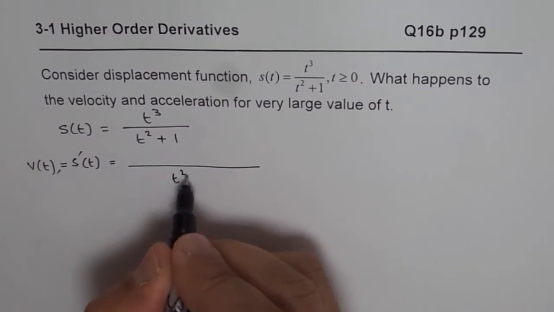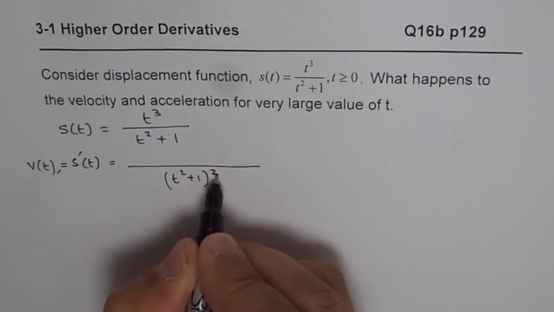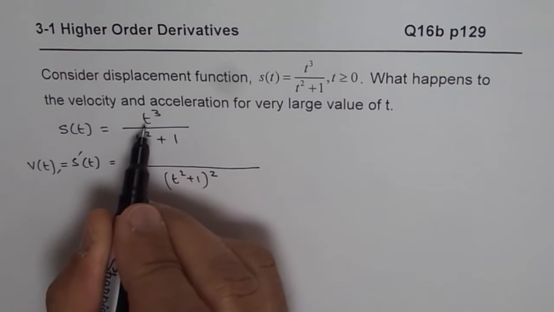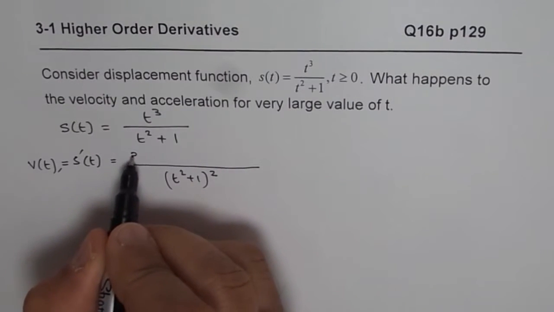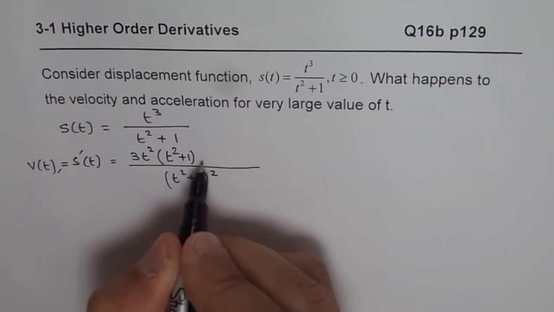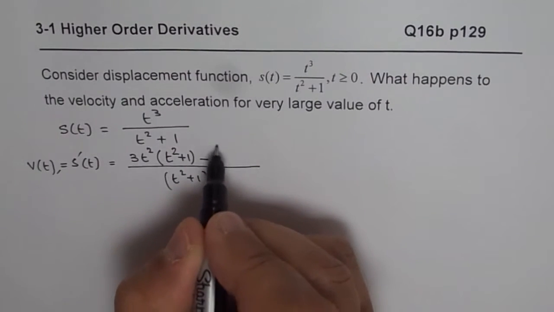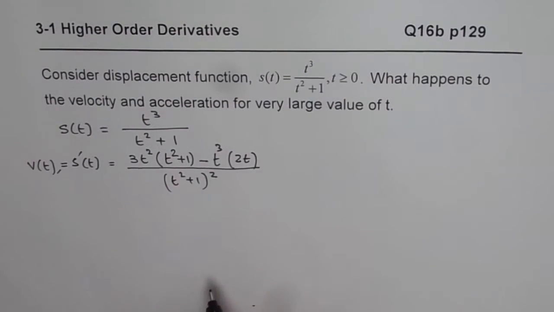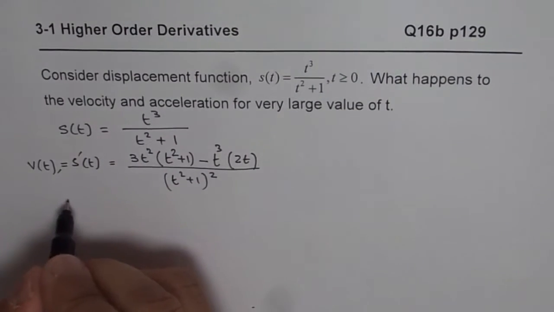We have t squared plus 1 whole squared in the denominator. The derivative of t cubed is 3t squared, times t squared plus 1, minus t cubed times the derivative of the denominator, which is 2t. We can simplify this.